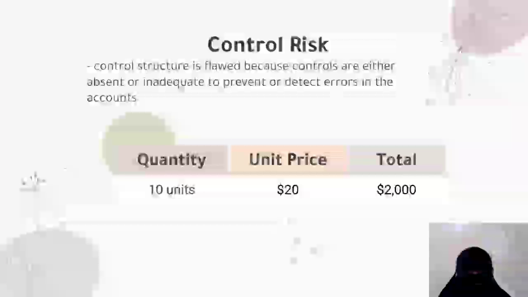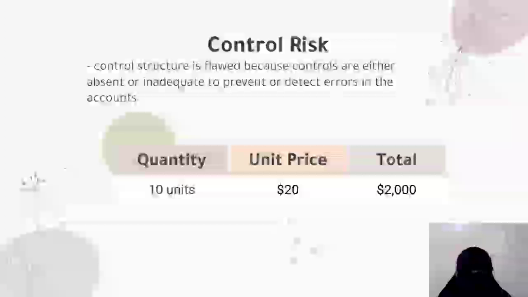So auditors assess the level of control risk by performing tests of internal controls. In the preceding example, the auditor could create test transactions, including some with incorrect total values, which are processed by the application in a test run.